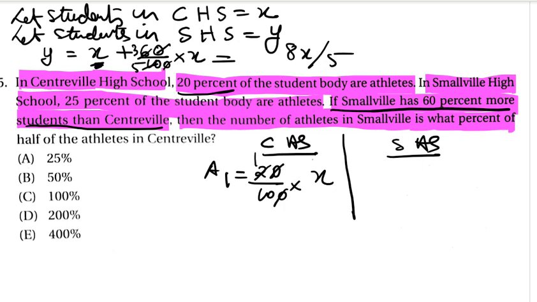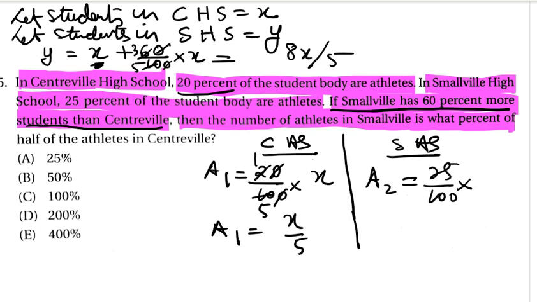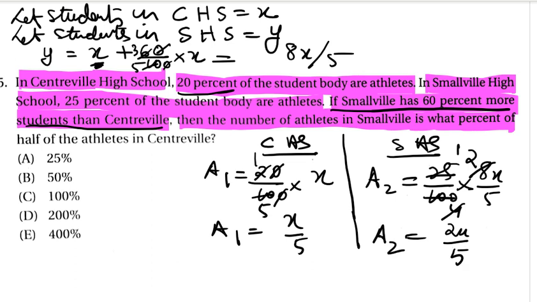Cancel them out. 2 1s are 2, 2 5s are, that is x by 5, A1. Next part for SHS, A2 is 25%. So 25% of y, which is 8x by 5. So 25 1s are, 25 4s are, 4 1s are 4, 4 2s are, eventually this is coming at 2x by 5, A2.